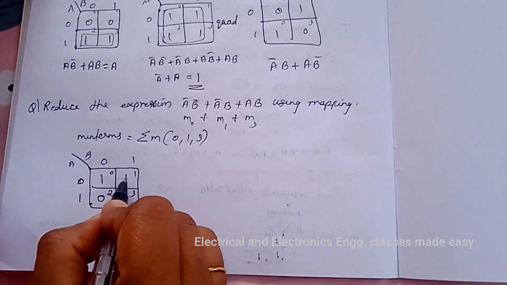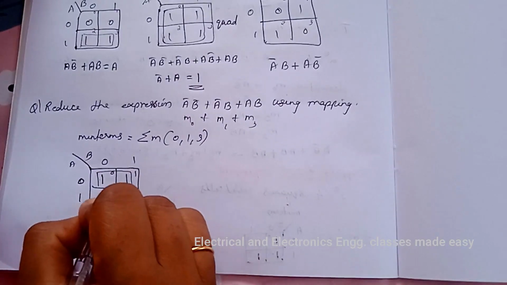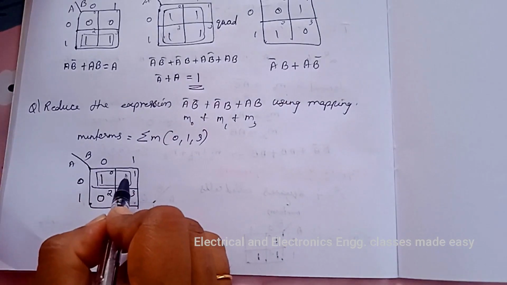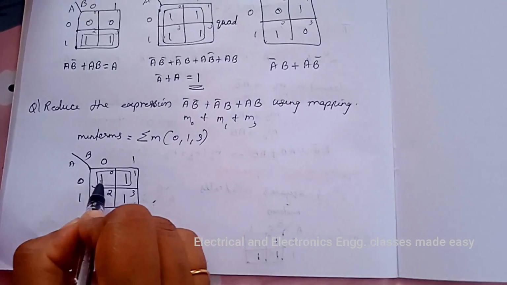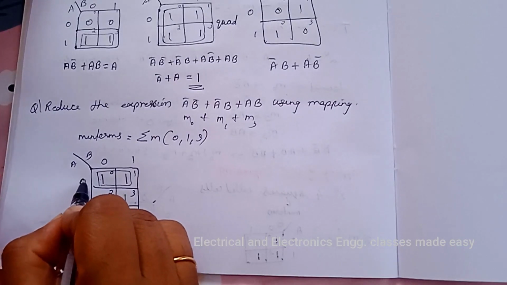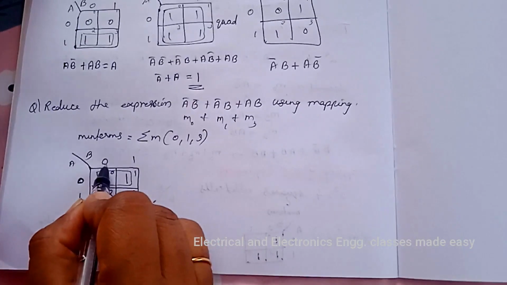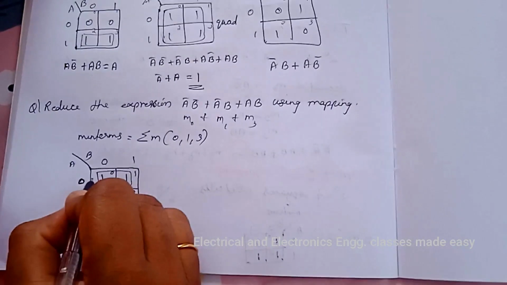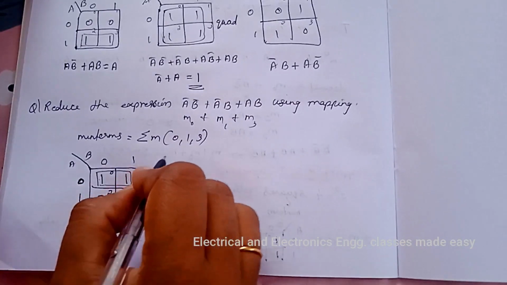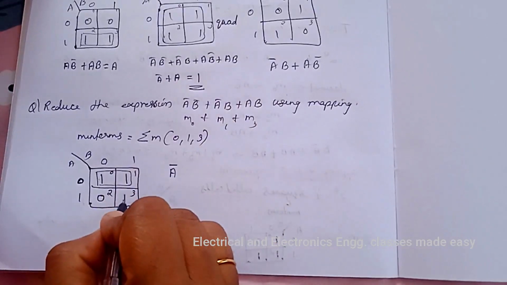So these two squares are adjacent to each other, and we can combine these squares. While combining them, we get the answer A bar. This is the constant term, and here B is changing, that is 0 and 1. So while combining these two adjacent squares, we get the answer as A bar.